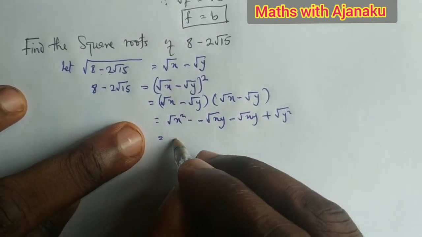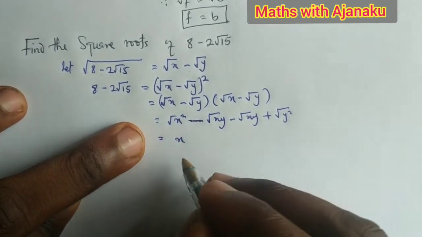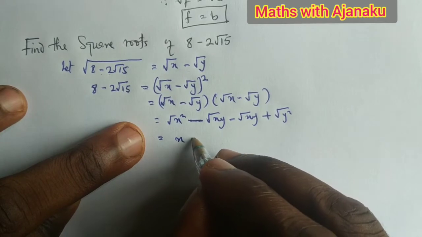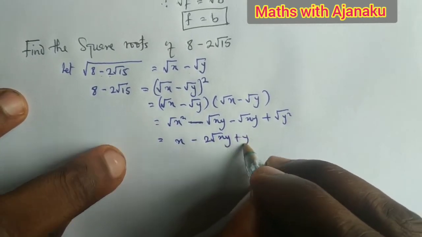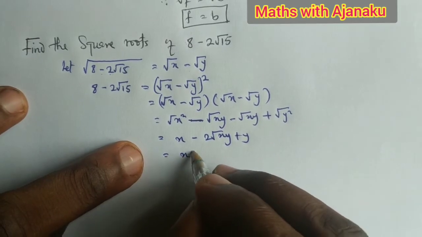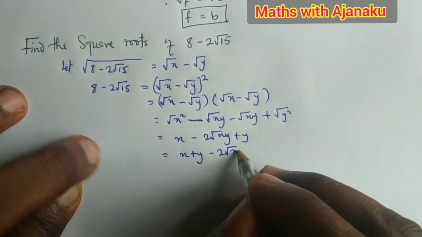So this will give me x minus 2 root xy plus y. So this is x plus y minus 2 root xy.